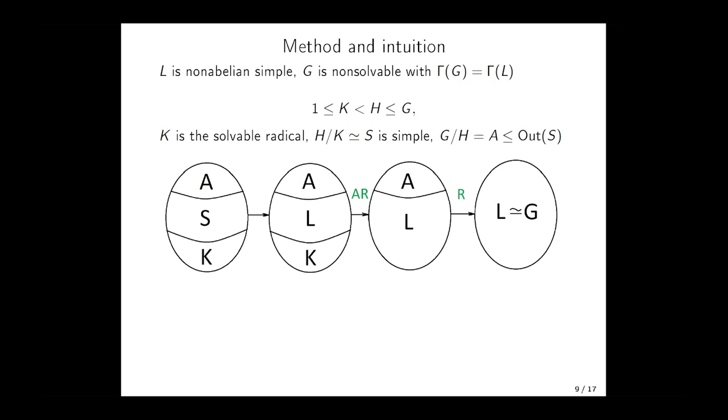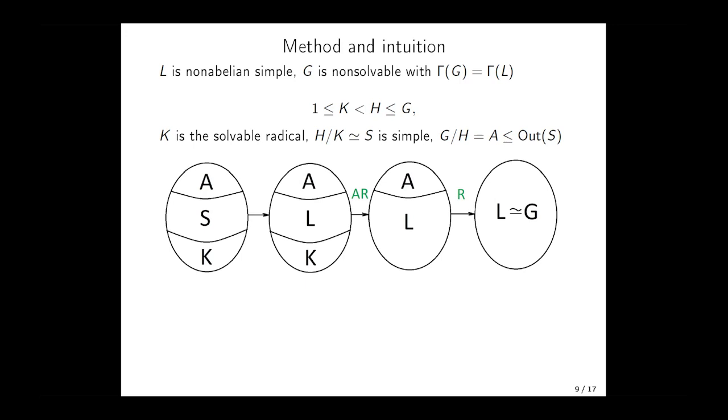And if you want to prove the recognizability of a group, you do the last arrow. You show that there are no proper automorphisms that have the same Gruenberg-Kegel graph as L. We use this method if we believe that the group is almost recognizable.